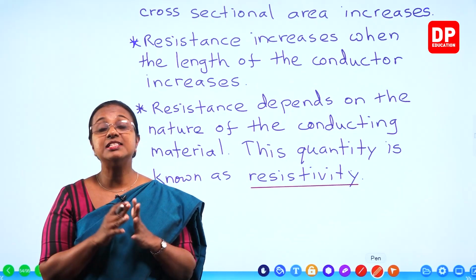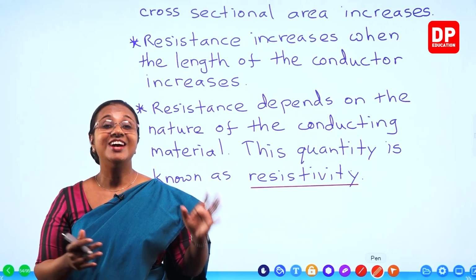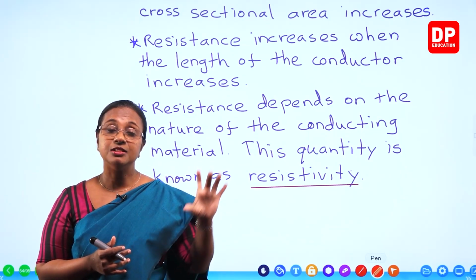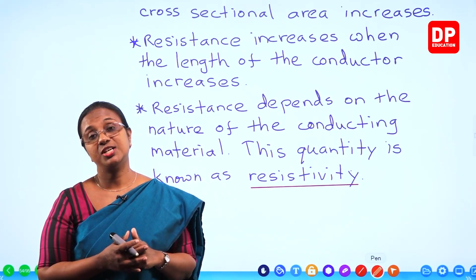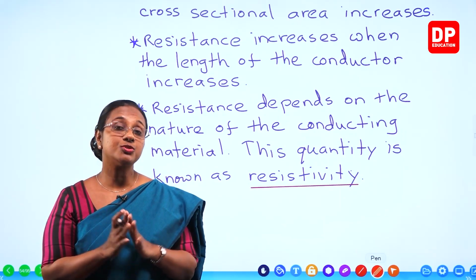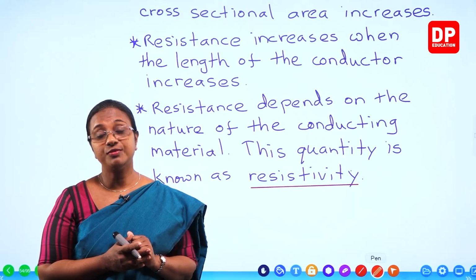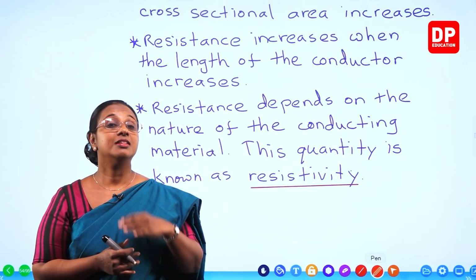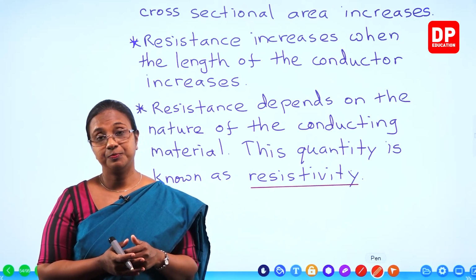And if there is the same amount of water, I'm sure you all know water can flow easily through the large pipe, the pipe with the large cross-sectional area. The same goes for electricity. So when the cross-sectional area of the conductor is larger, the resistance is lesser, so current flows easily.